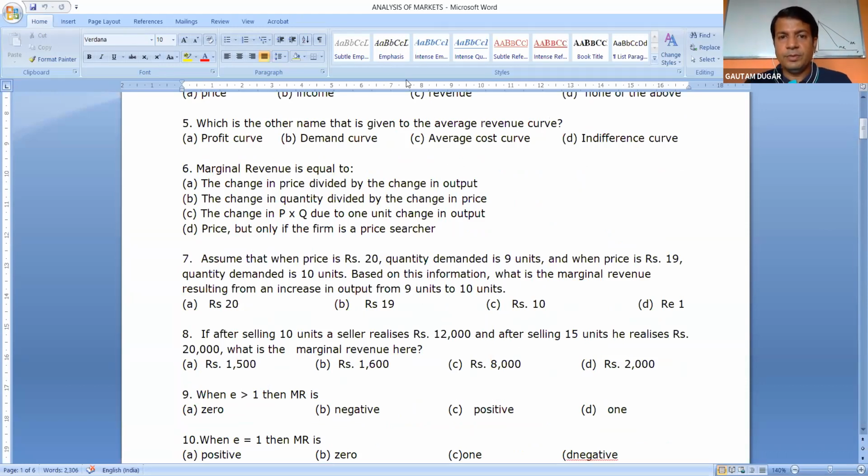Obviously option C, change in P into Q. P into Q is what? Total revenue. The change in total revenue due to 1 unit change in output. Marginal revenue is equal to the change in total revenue, price into quantity, due to 1 unit change in output.